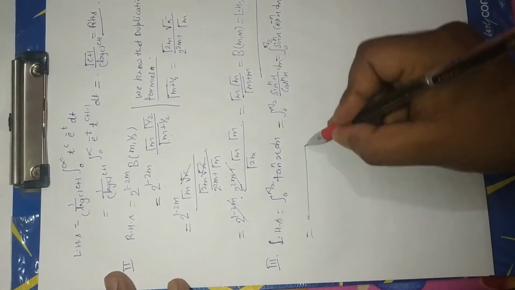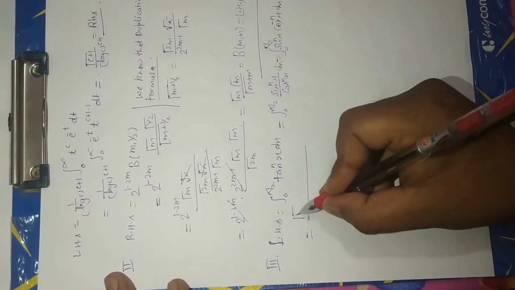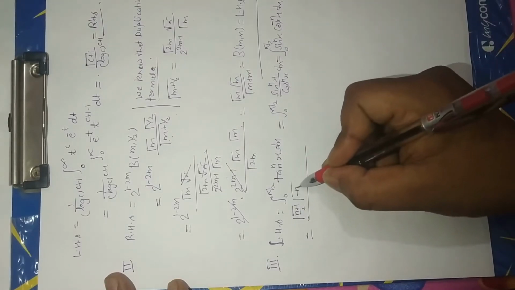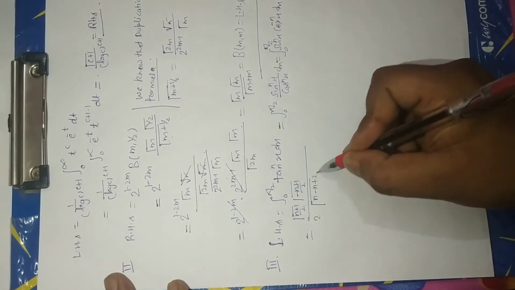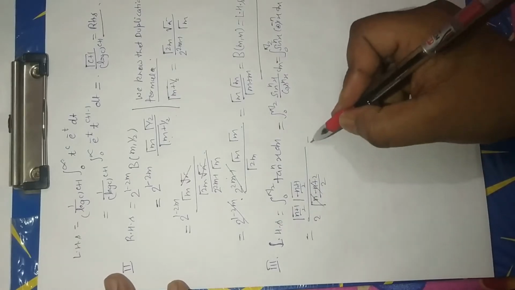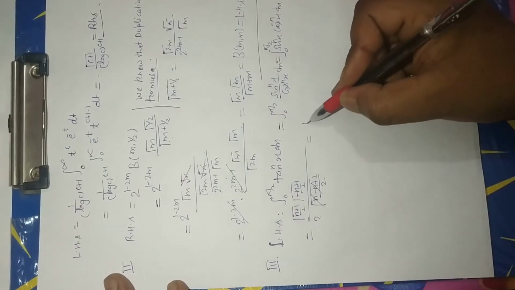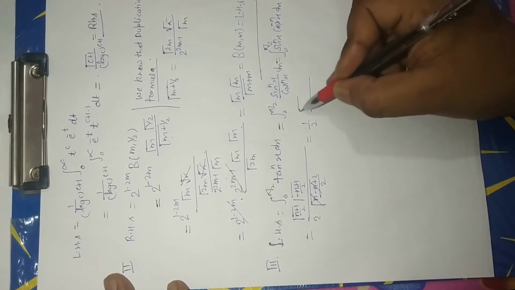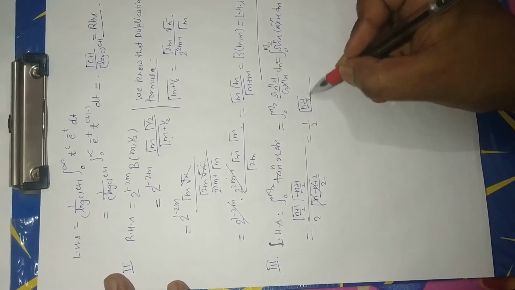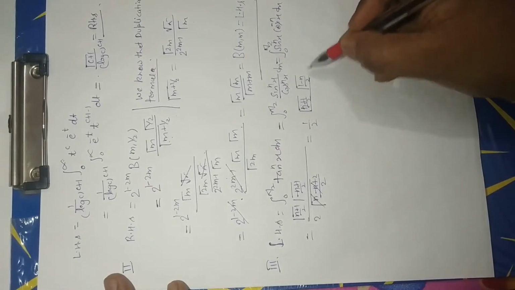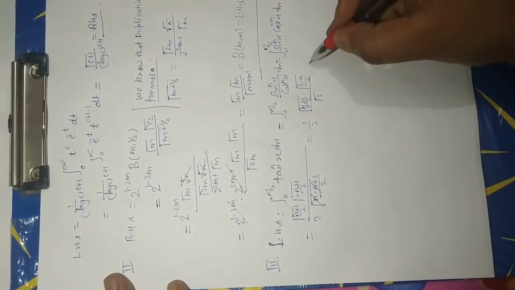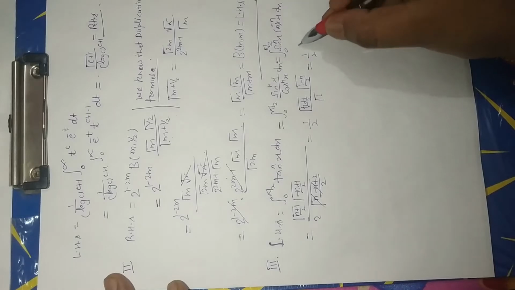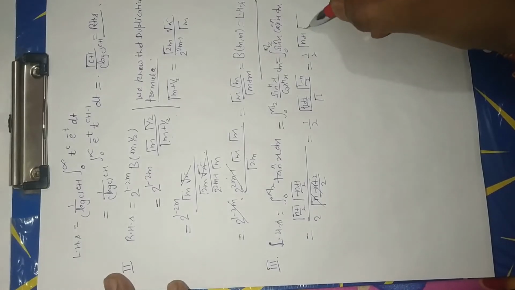Now putting the formula of gamma terms, gamma (n plus 1)/2, gamma (minus n plus 1)/2, upon 2 gamma (n minus n plus 2)/2, the 2n cancels by this. This is equal to 1 by 2, gamma (n plus 1)/2, gamma (1 minus n)/2, upon gamma 1, and gamma 1 is equal to 1.